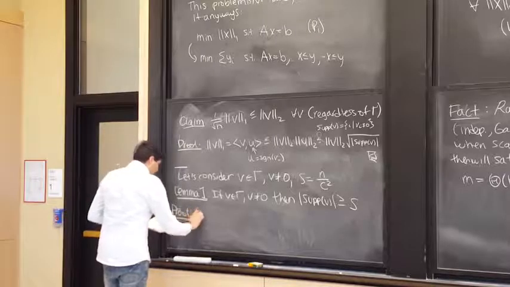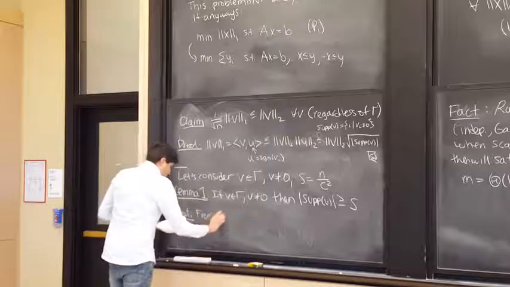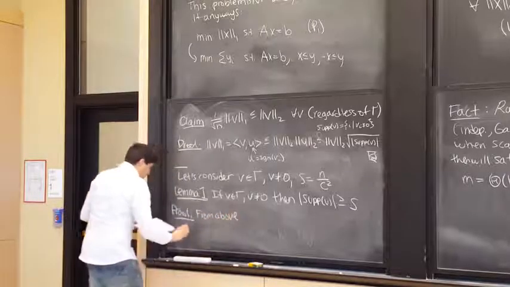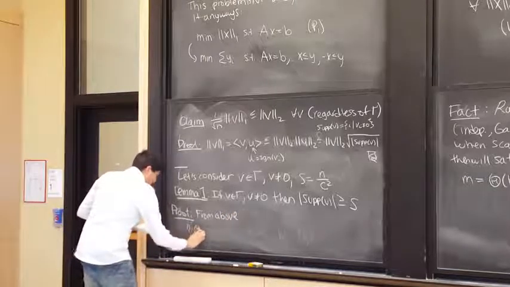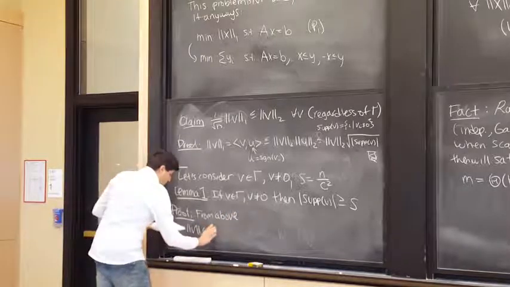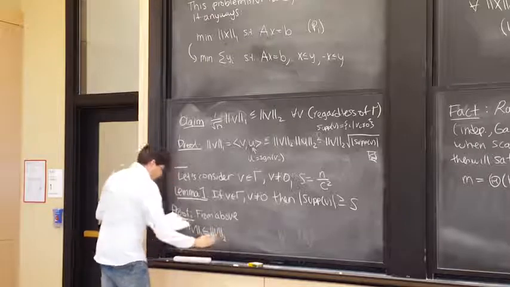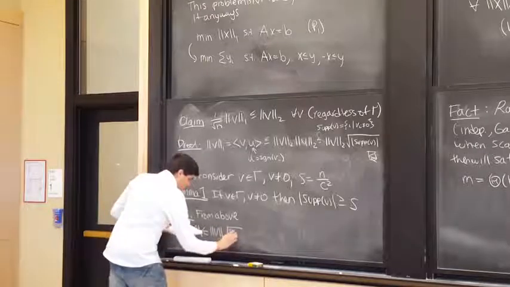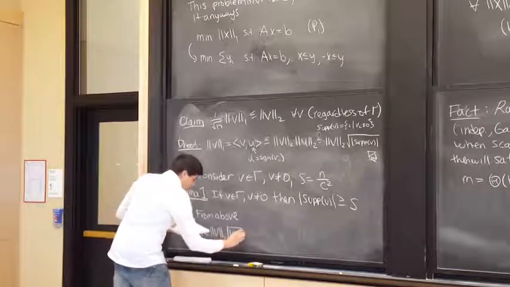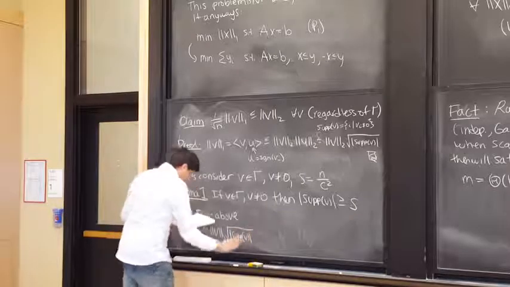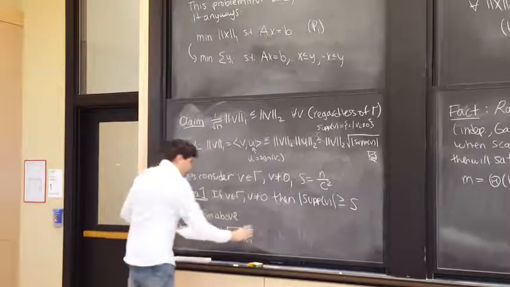So we know that from above, we have the constraint that the L1 norm of v is at most the 2 norm of v times the square root of the size of its support. That's just repeating it.